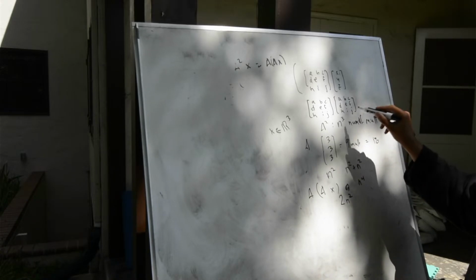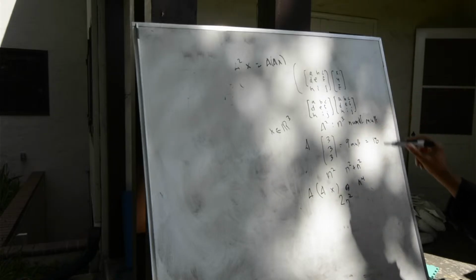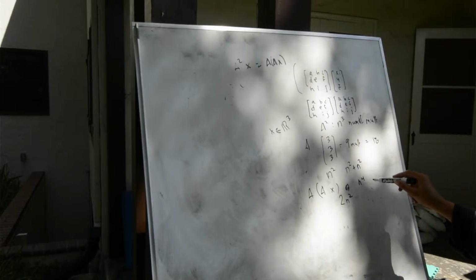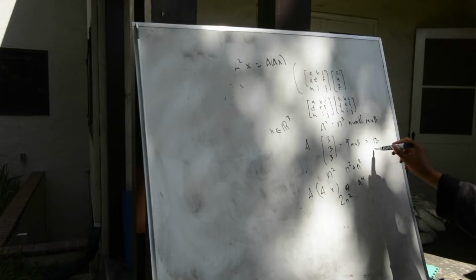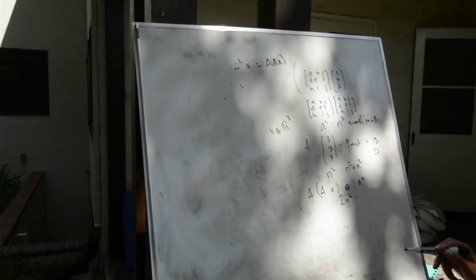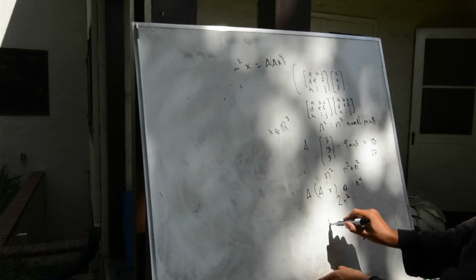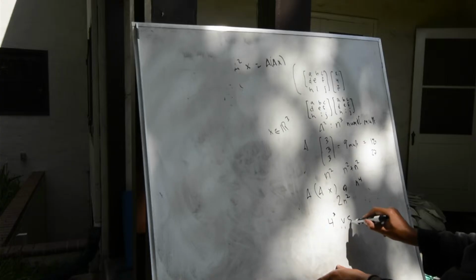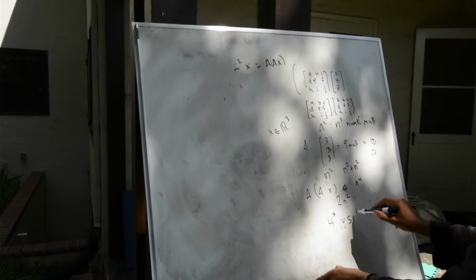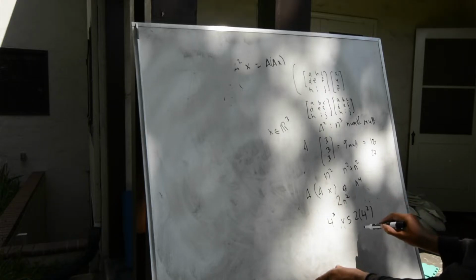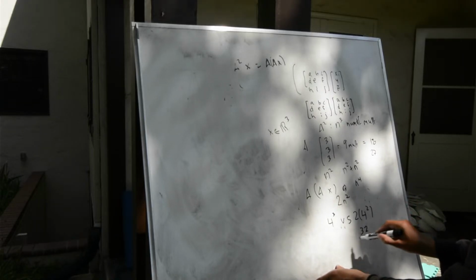But for doing the matrix multiplication first, we're going to get 27. And that scaling checks out, because if it was 4, it's going to be 4 cubed versus 2 times 4 squared, so 64 versus 32.